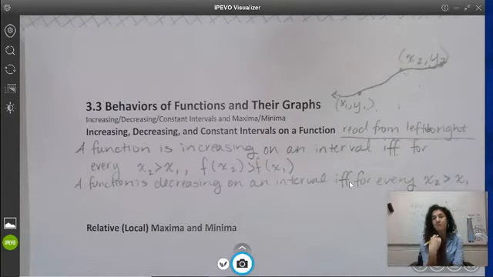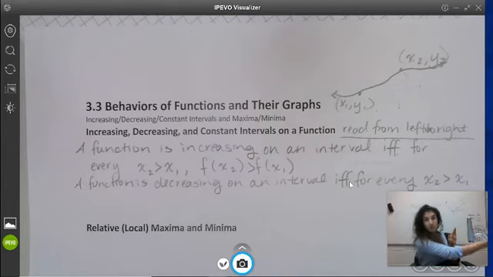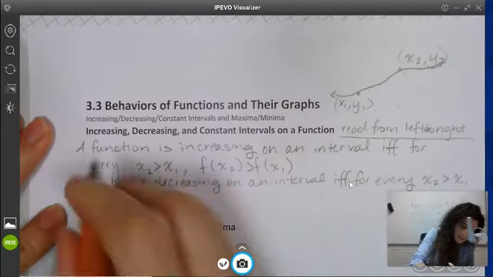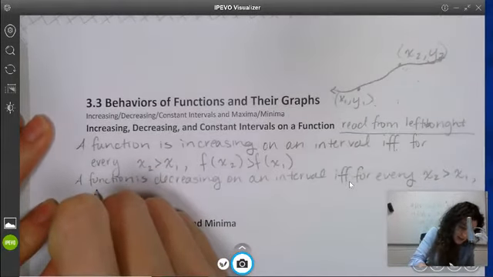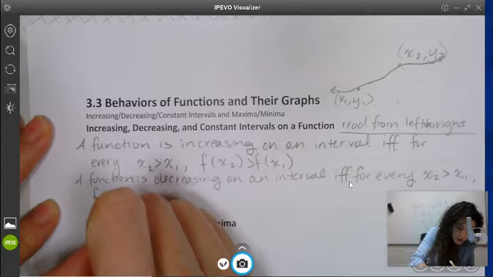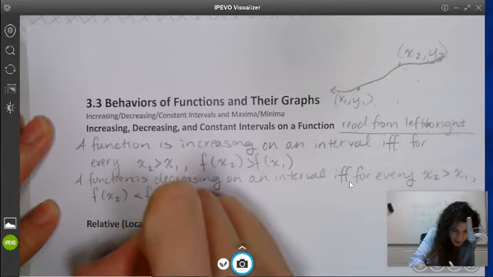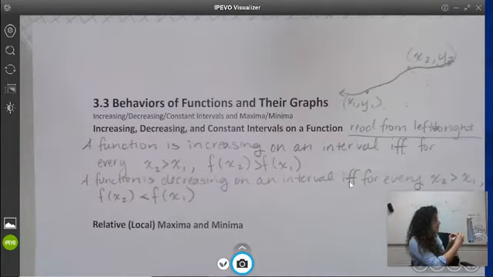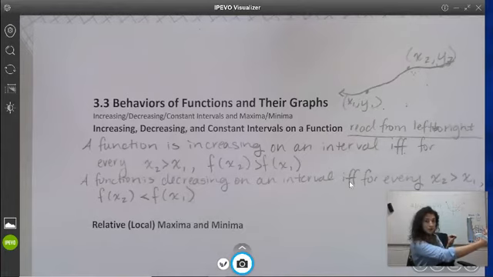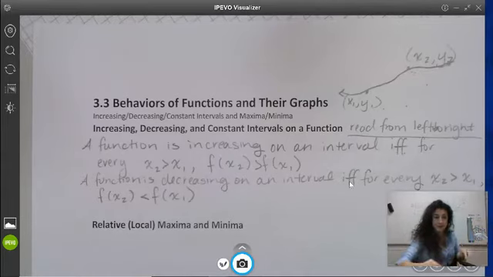Again, we're reading from left to right here. x2 is greater than x1 means that we've moved from one x value to the next. Then f of x sub 2 is smaller than f of x sub 1. Moving from left to right, x sub 2 is greater than x sub 1, then the y value of the second point is below the y value of the first point.